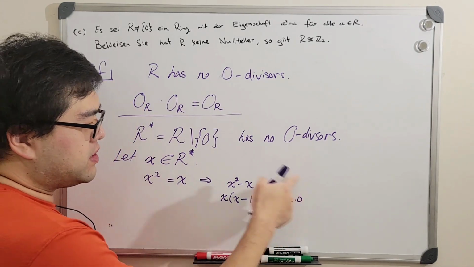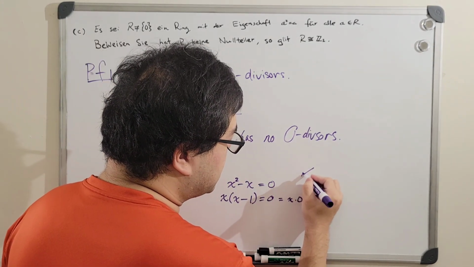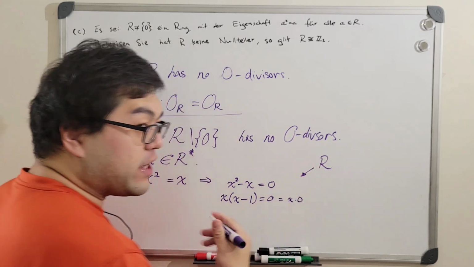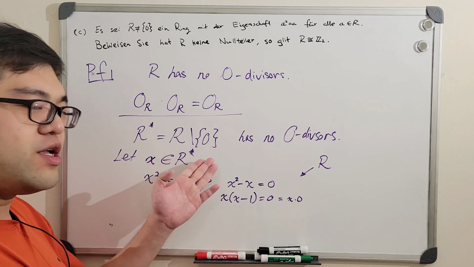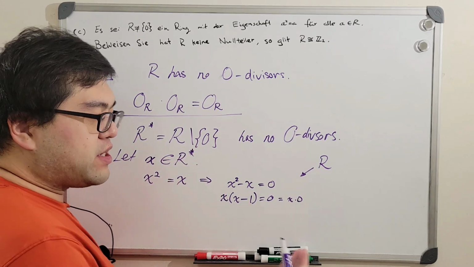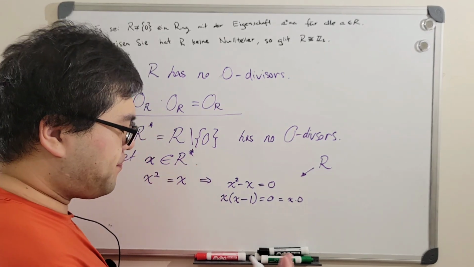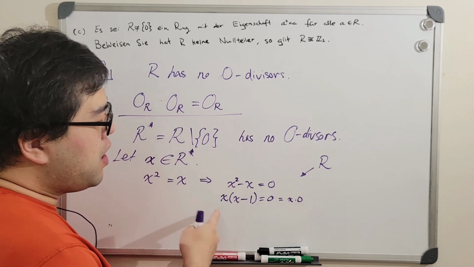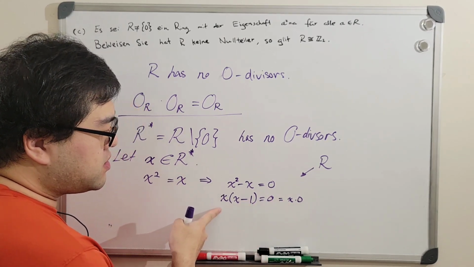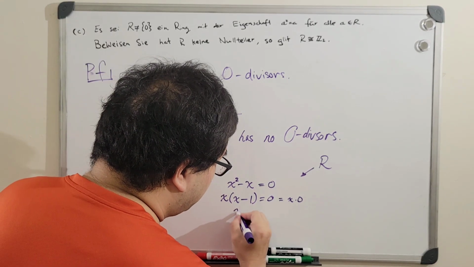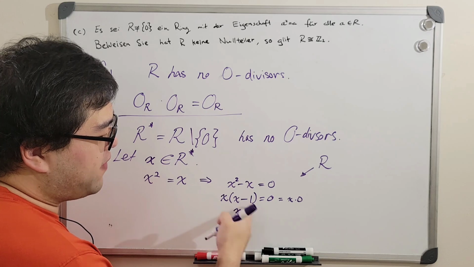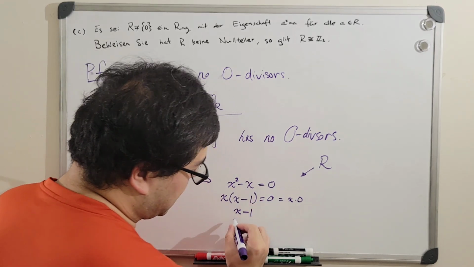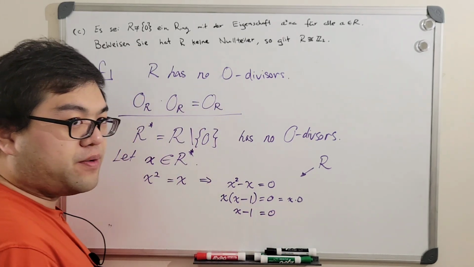So what does this tell us? This part is telling us from the whole ring itself. And since x is an element that is not 0, by the cancellation property, we can cancel out the x here to conclude that the other factor on the left-hand side, which is x minus 1, must be equal to 0.